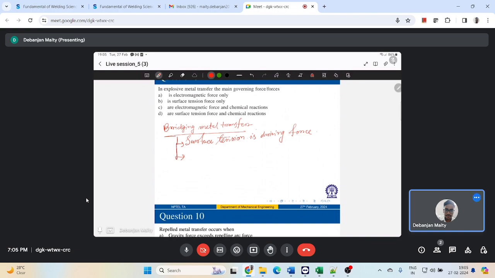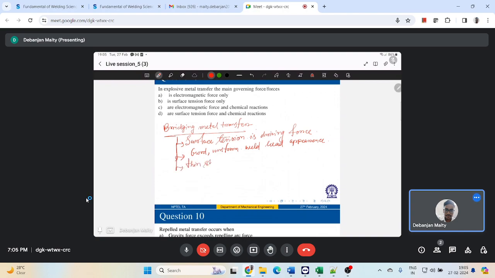So over here you'll have good, uniform, well bead appearance, right? And this is mostly preferable for joining thin sheet metals.